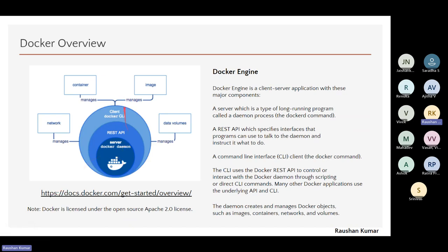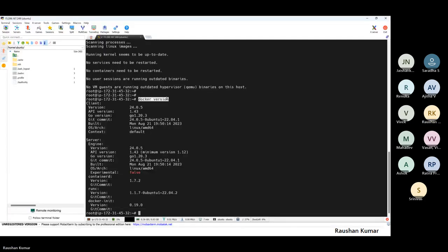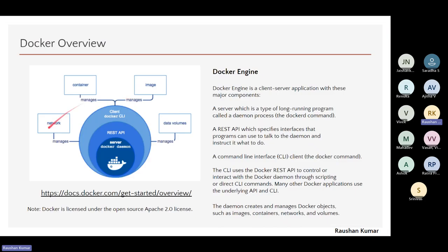So you have the client. In the client, we issue commands. So Docker version, I'm issuing this in the client. What happens when I issue the commands in the client? The request goes to the server, which is the Docker daemon, through REST API.